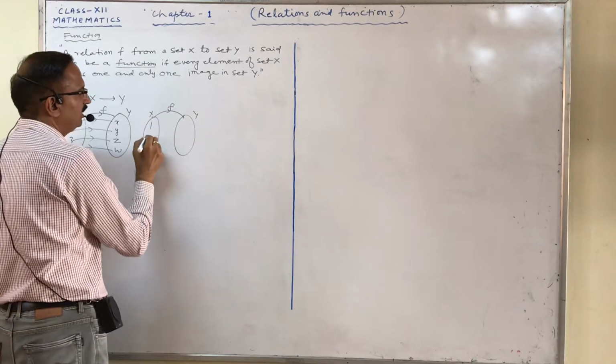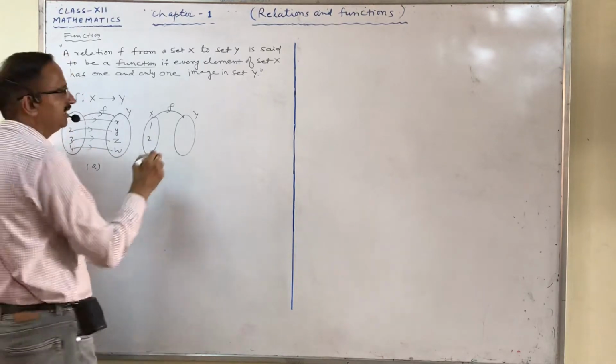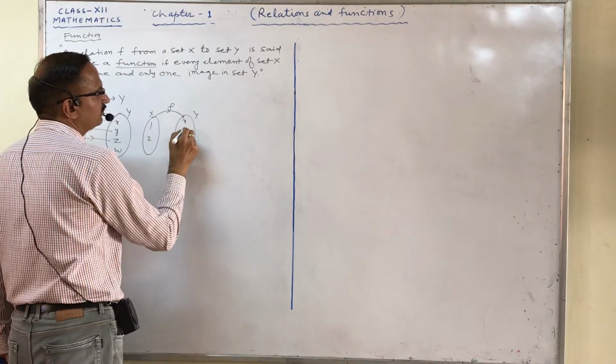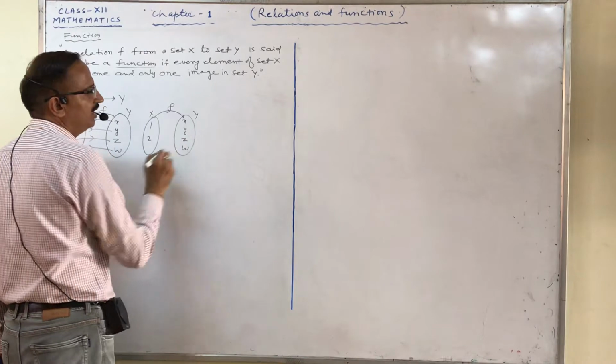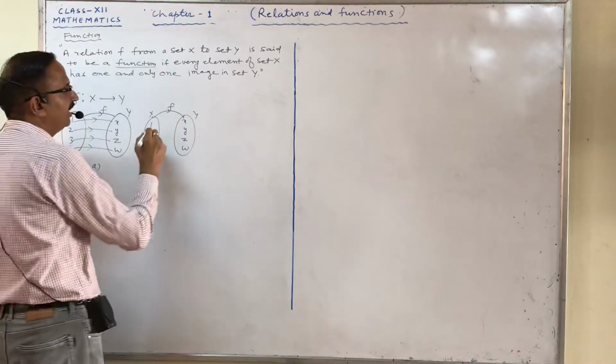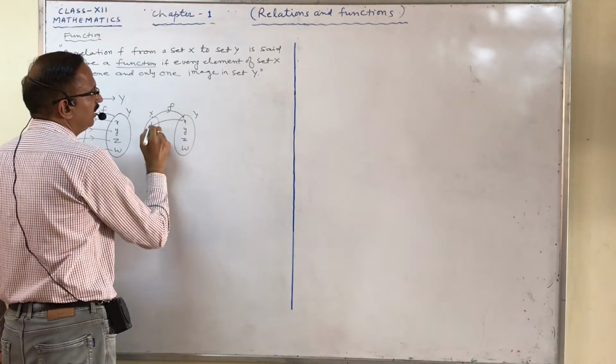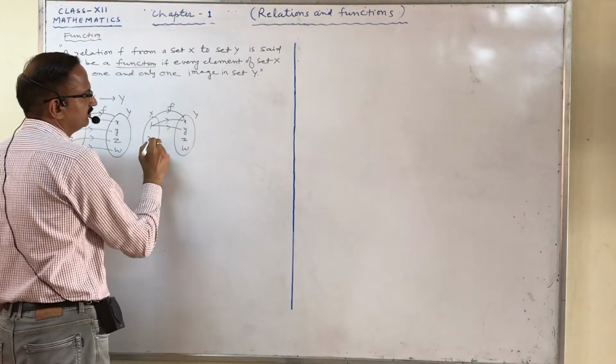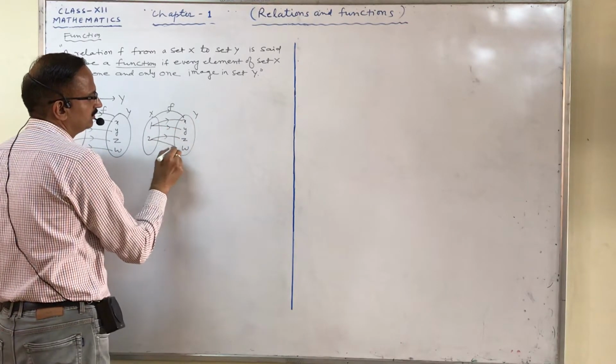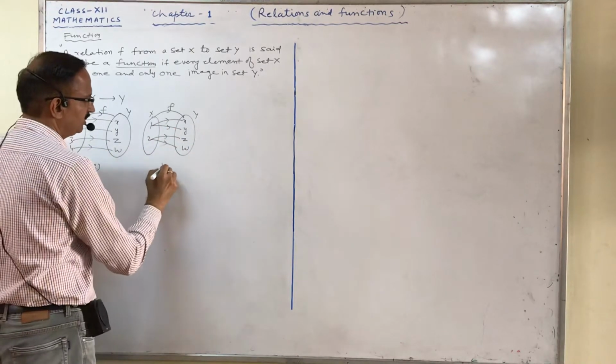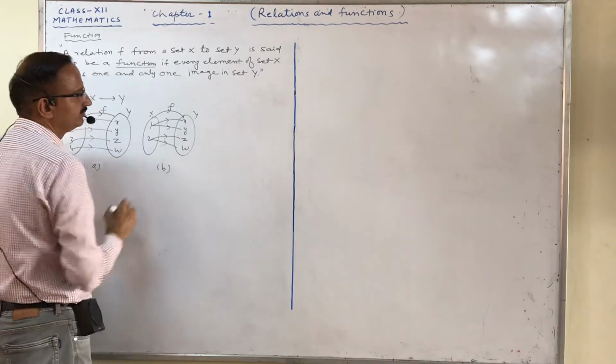This has only two elements, and this has x, y, z, w, and they are related like this. Suppose this is diagram B.